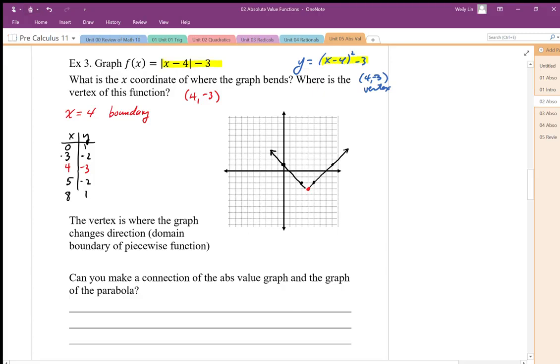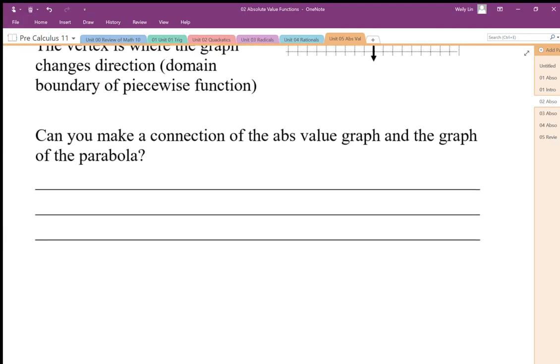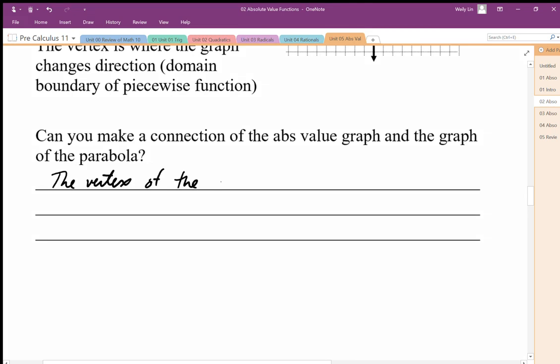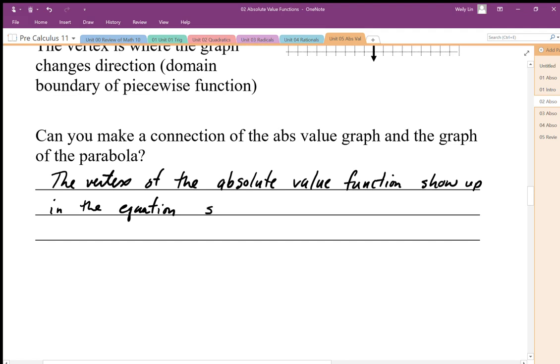So we can say that the vertex of the absolute value function shows up in the equation the same as it does in the parabola.